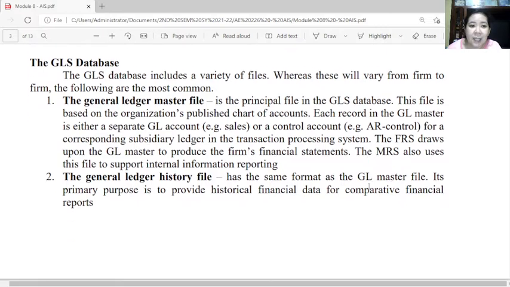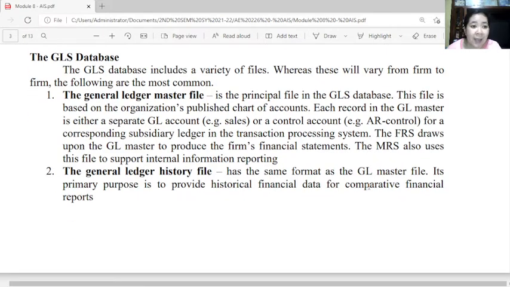The second database or file under the General Ledger system is the General Ledger History File. This has the same format as our General Ledger Master File, but its primary purpose is to provide historical financial data to compare financial reports from different periods.